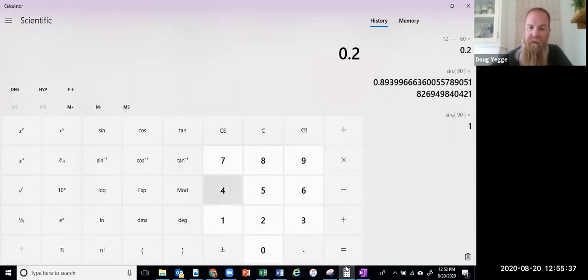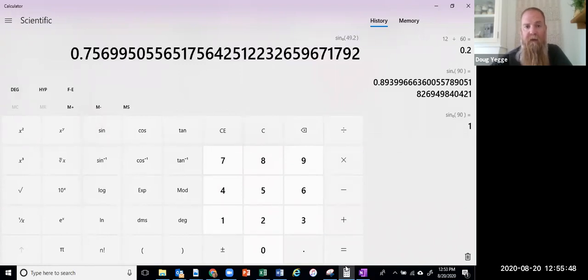So now I could type in 49.2. I know I'm in degrees because my calculator says so up here. And if I now calculate sine of 49.2 degrees, this is my answer. In general we're going to be rounding to approximately 3 to 4 decimal places. That's going to be sufficient for most of the problems that you deal with, especially the word problems or applications.